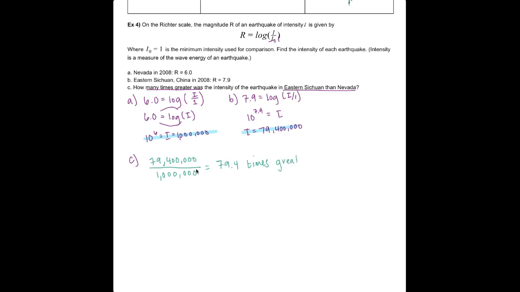So even though the values are only 1.9 units apart, it's actually 79 times greater than the Nevada earthquake. And that is that.